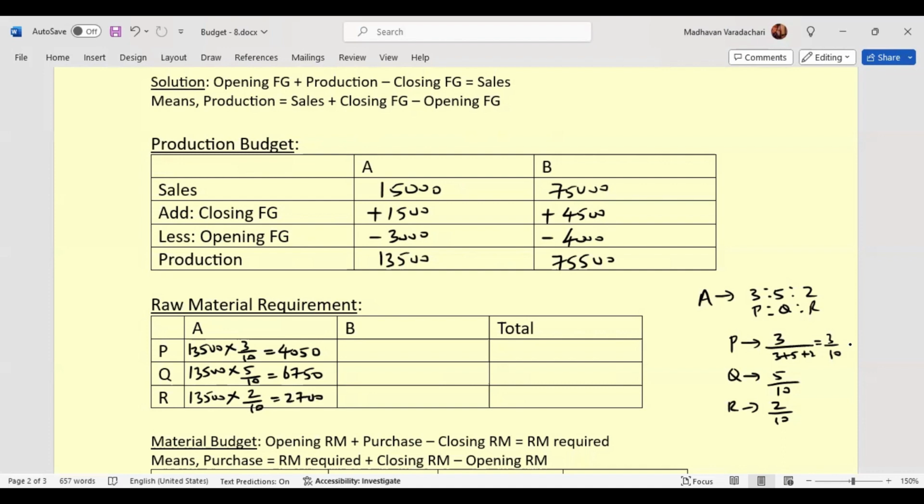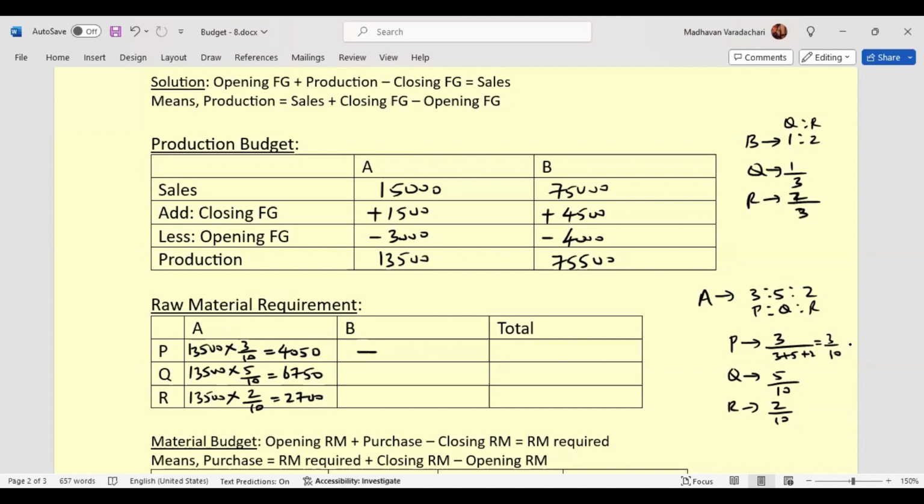So for B, they gave us the proportion as 1:2, which is for Q:R. That means there is no requirement of P. So here Q's requirement will become 1 divided by 3 and R's requirement will become 1 divided by 1 plus 2. Sorry, 2 divided by 1 plus 2, it is 2 by 3.